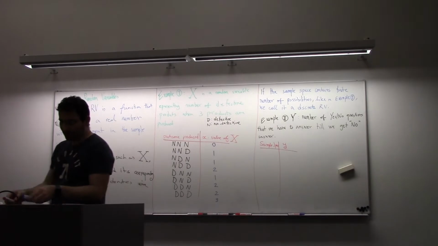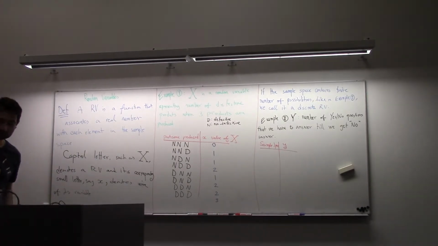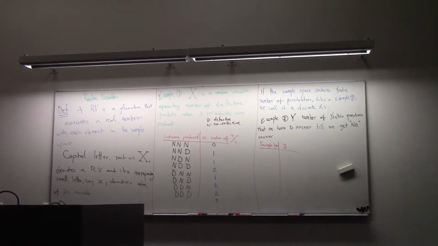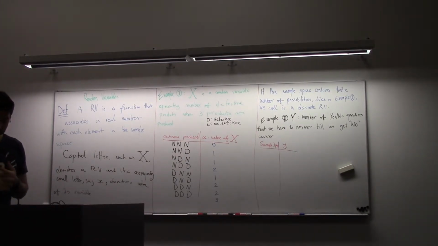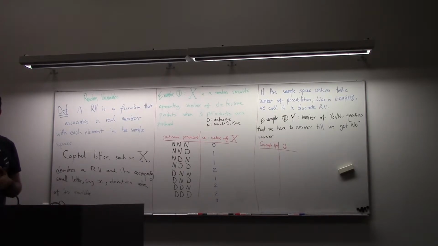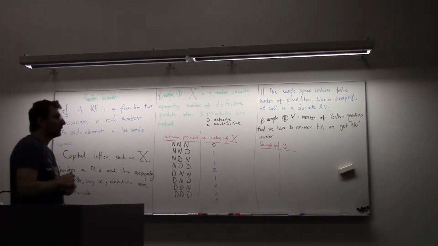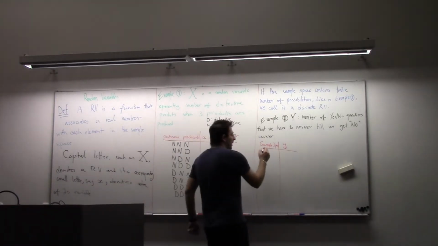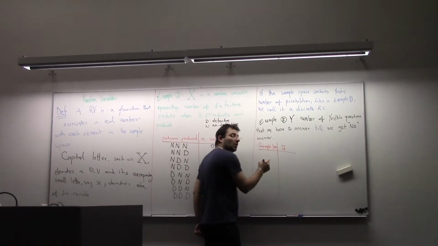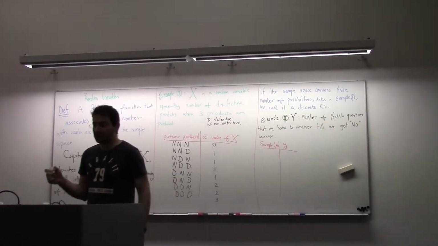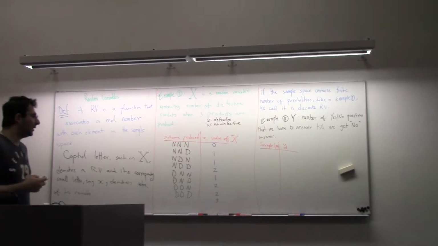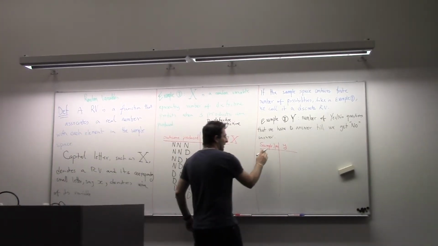Now, what is the sample space in here? Maybe numbers starting from 0 to... I mean, I can answer one question till I get no, then I can answer 2 questions, and so on.